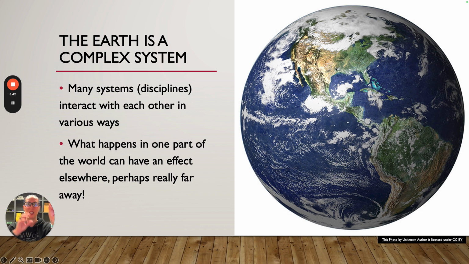We have all these very complex and intricate connections between these various spheres. So we're really learning how to manage all of those complexities. And what happens in one part of the world can very easily have an impact elsewhere, perhaps really far away.